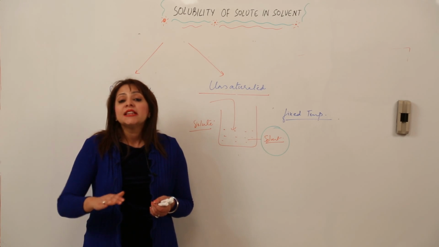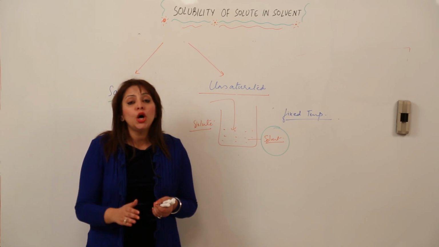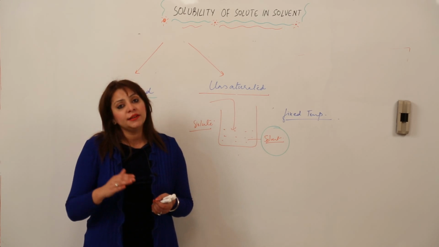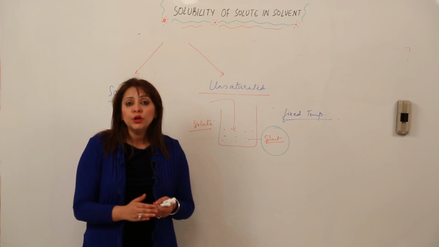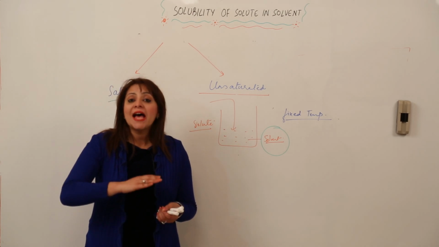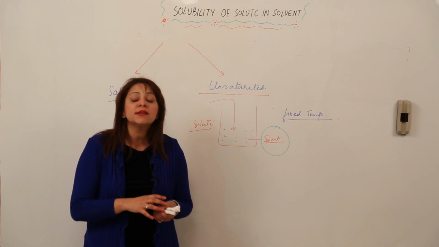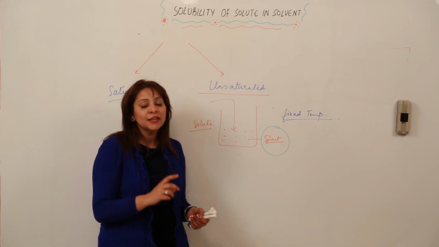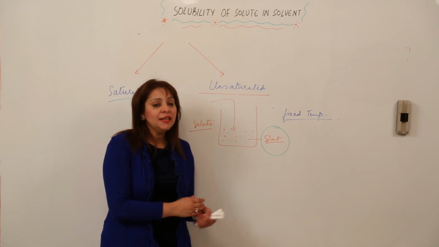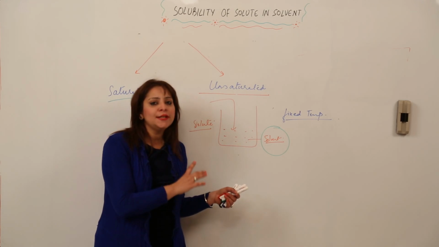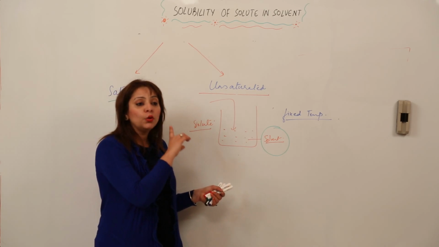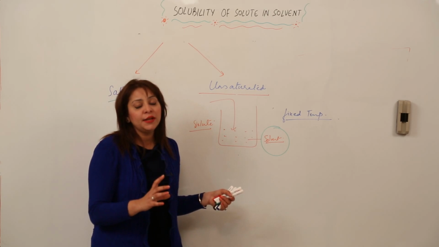So that means the saturated solution is not dissolving more solute at the given temperature. Those solutions which cannot dissolve as much solute as we add to them at a given temperature come under the category of saturated, right? Just repeating again: unsaturated can dissolve as much solute as we add at a given temperature, and saturated can dissolve only a fixed amount of solute at a given temperature.